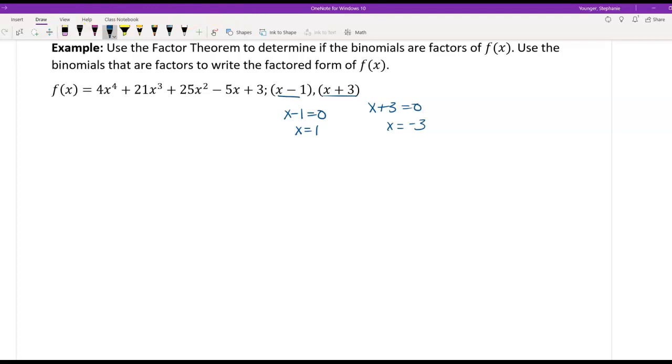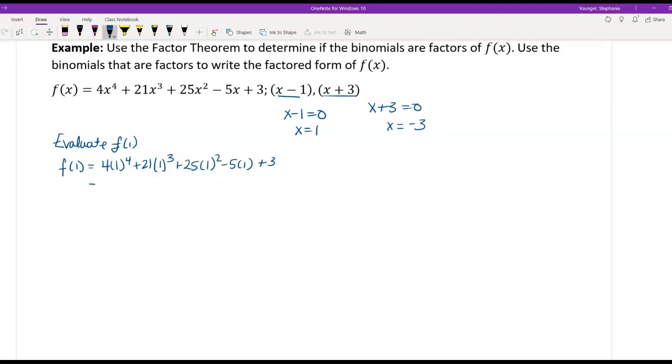So all we do is evaluate. First, f of 1. So f of 1 is 4 times 1 to the 4th plus 21 times 1 cubed plus 25 times 1 squared minus 5 times 1 plus 3.